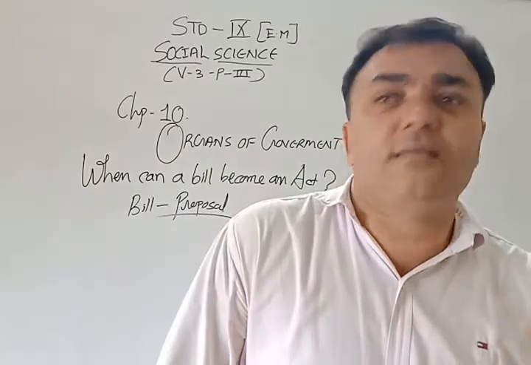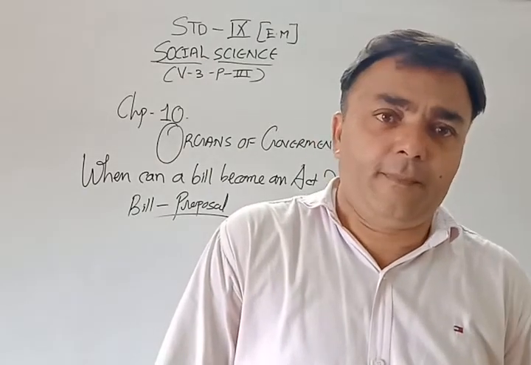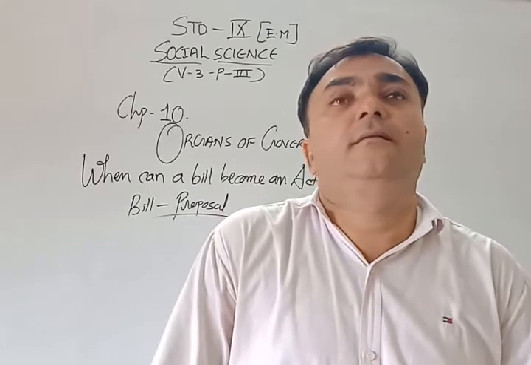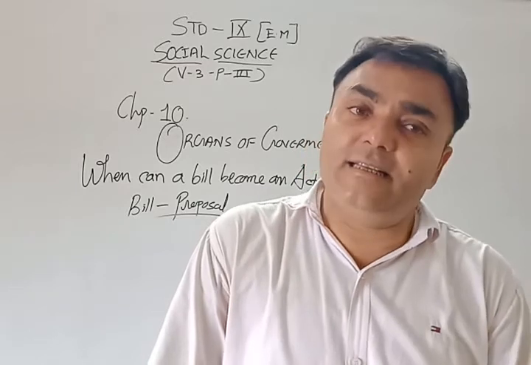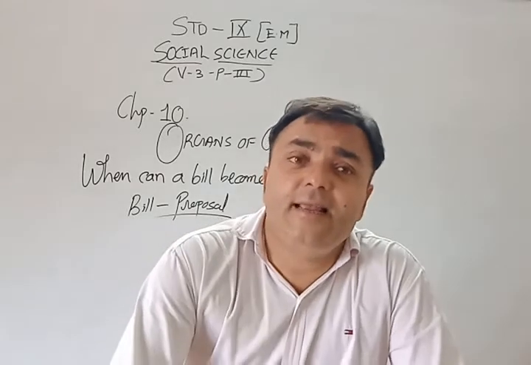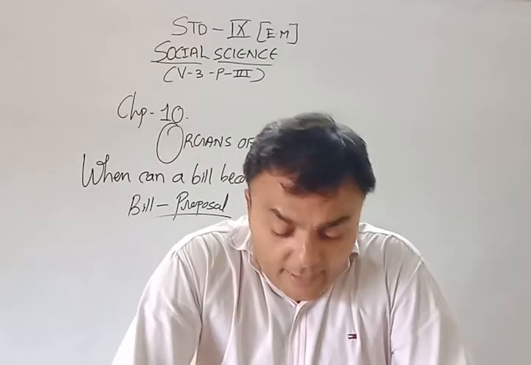They must have a passport, visa, etc. So these laws are made day by day. There are changes. Ordinary bill, and money bill means the budget that the government derives every year.